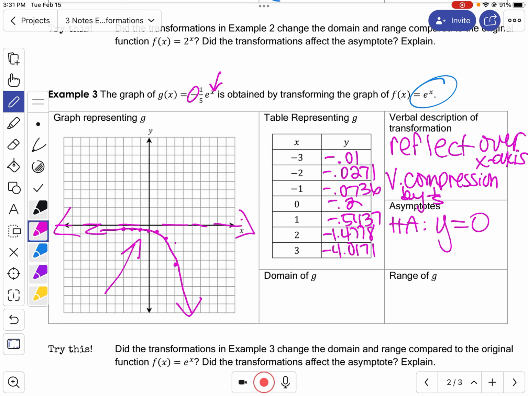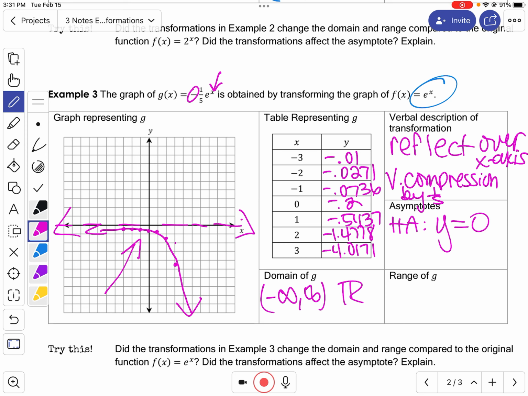Your domain, which I've already gone over, remember your domain of an exponential is never going to change because it's going to be continuous to the left and to the right. So -infinity to infinity were all real numbers. And then your range on this one, it does change because it's reflected over the x-axis.